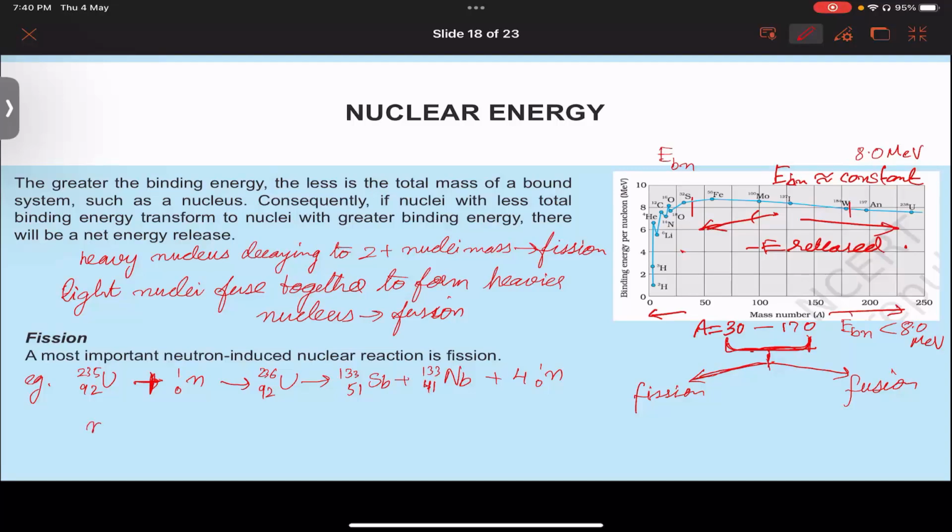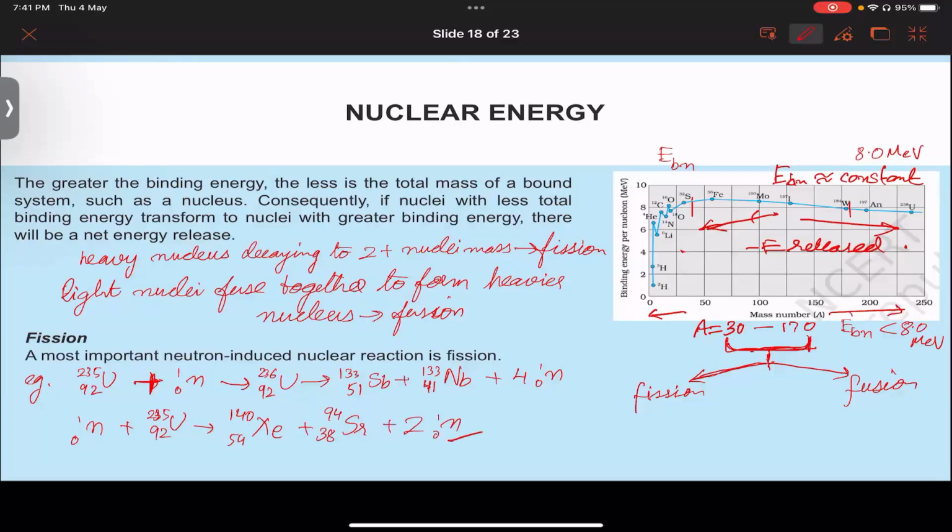Another one would be bombarding uranium 235, 92, which decays into xenon 140, 54 plus strontium 58, and then it gives out 2 neutrons again.